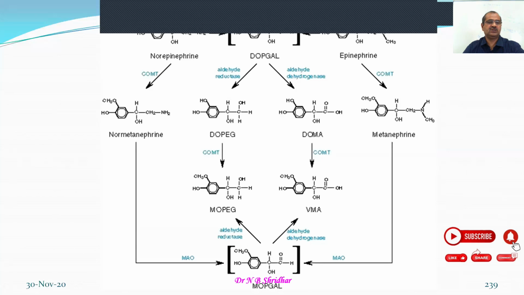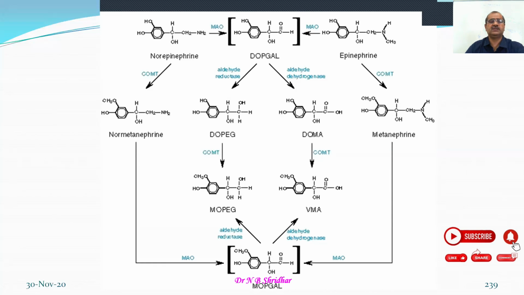Of course, monoamine oxidase is somehow more potent than catechol O-methyl transferase, because catechol O-methyl transferase converts the catecholamines to metanephrine, and metanephrine is acted on by monoamine oxidase, MOPGAL is formed, and vanillylmandelic acid and MOPEG are formed. So please remember this particular chart.